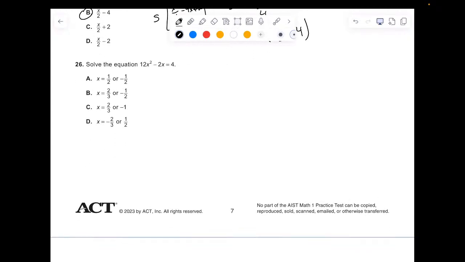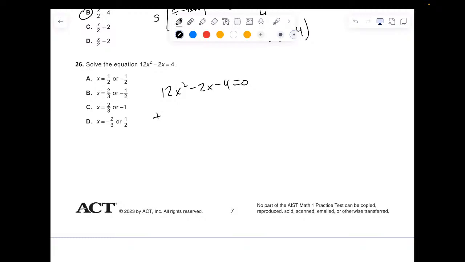Dude, what? Halfway done. This is taking forever. Solve the equation 12. Okay. First thing I want to do is get in quadratic form.